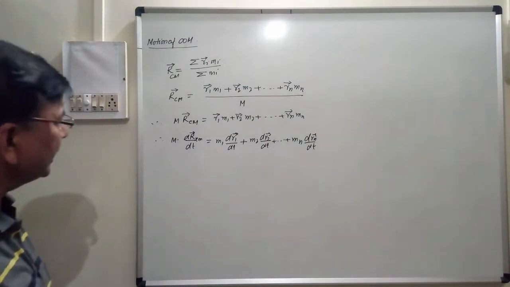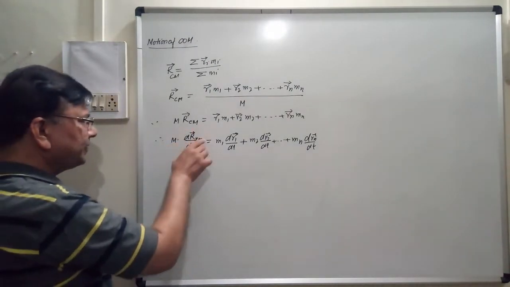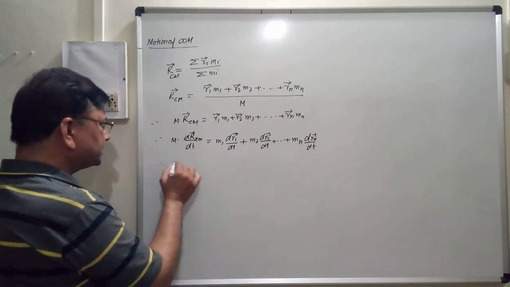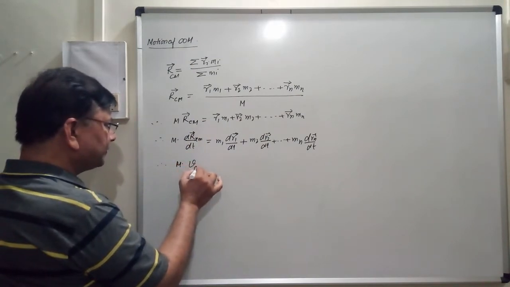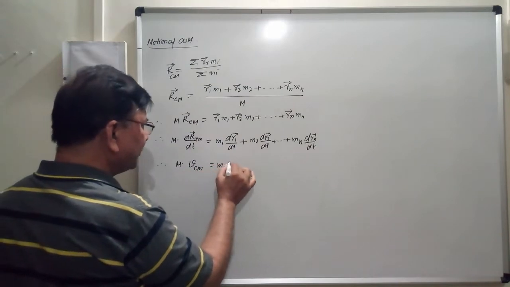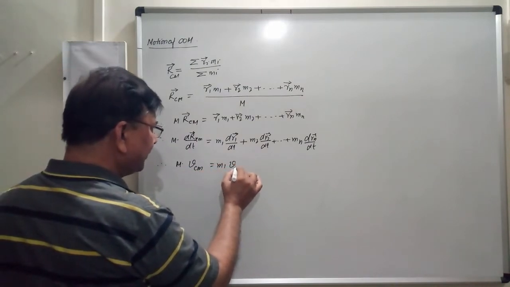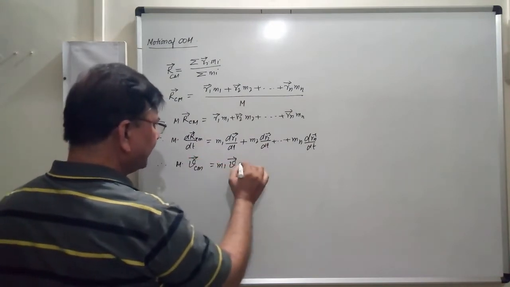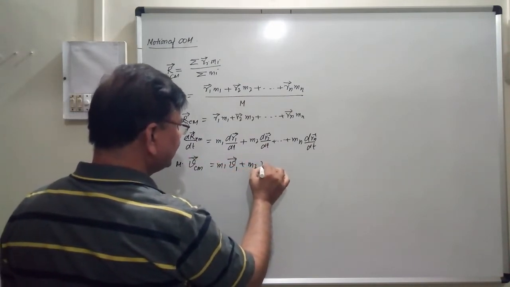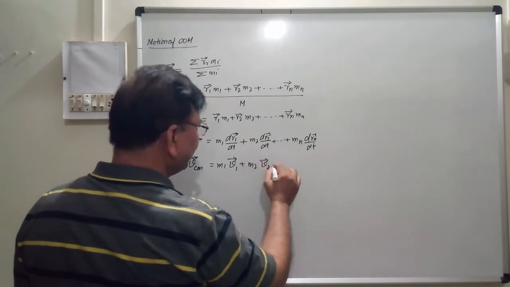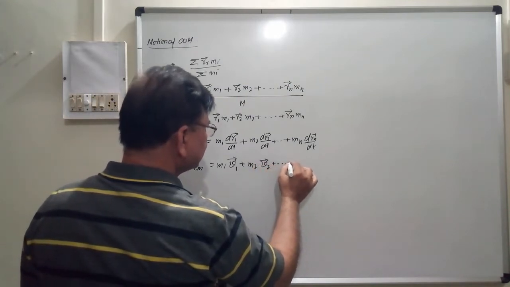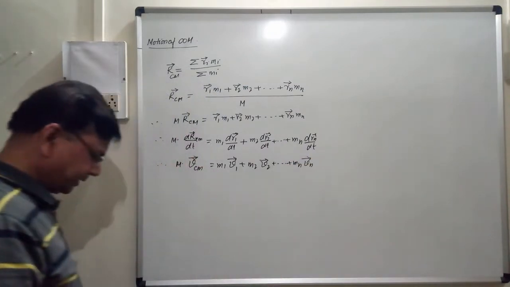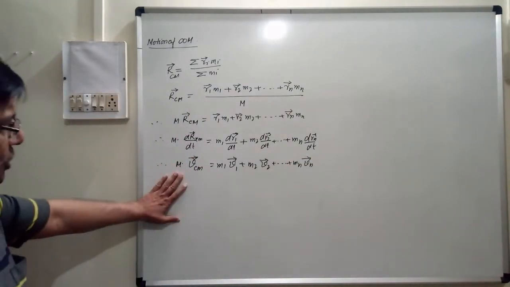So now we know one thing, that differentiation of this position vector with respect to time gives the velocity, that is velocity of center of mass, that is M1 velocity of first particle, right? It is a vector, plus M2 velocity of second particle, plus like this, plus Mn velocity of nth particle.